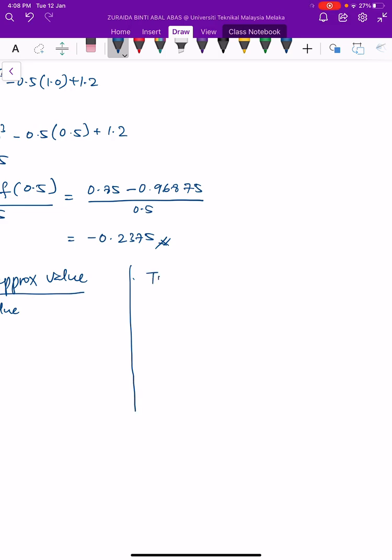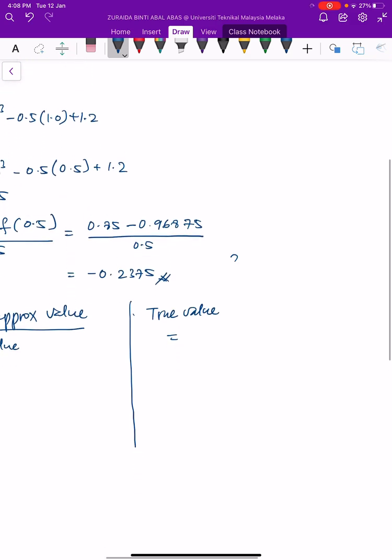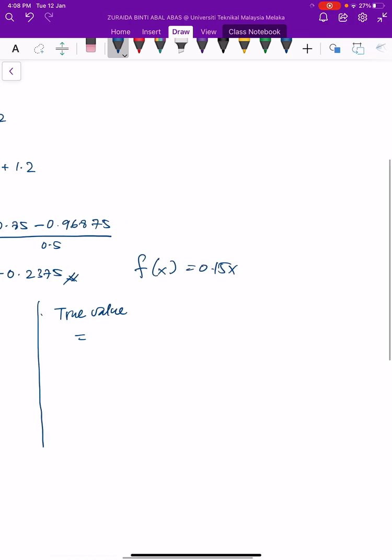The function f of x is 0.15x to the power of 3 minus 0.5x plus 1.2. You use calculus to get the exact value of the derivative, that is f prime x.